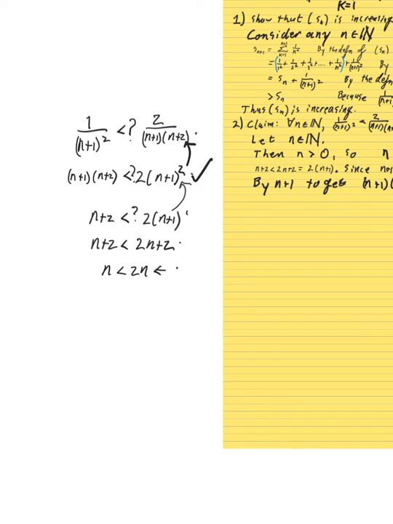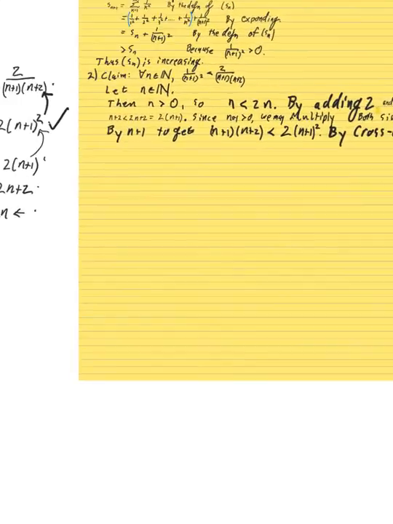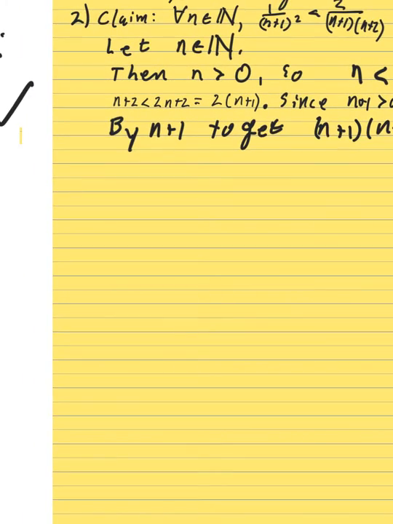How do I go from there to there? Well, I just need to do some division. Maybe this is a weird thing to write, but by cross-dividing, and everything is positive, 1 over (n plus 1) squared is less than 2 over (n plus 1)(n plus 2).